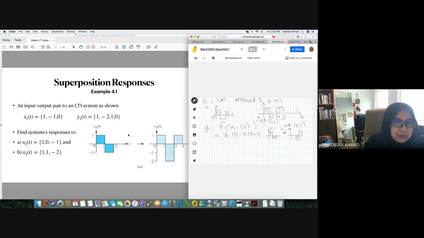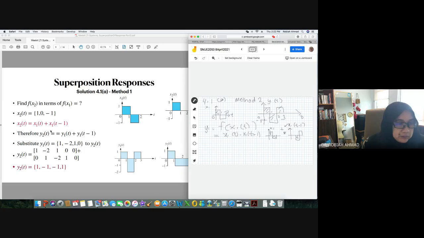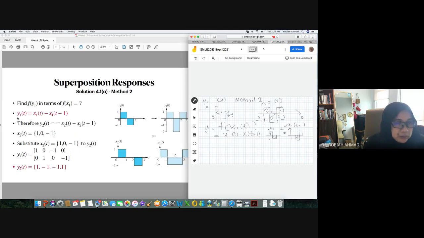So y1 is x1(t) minus x1(t minus 1). We apply this relationship based on superposition.